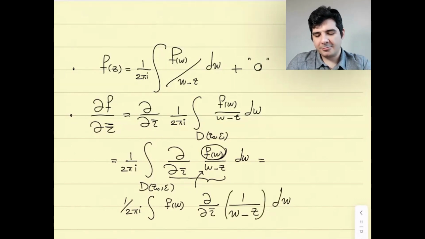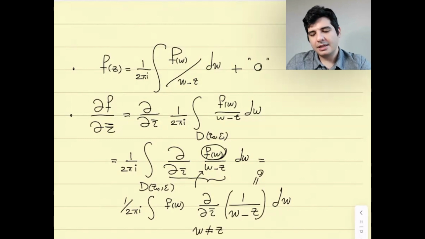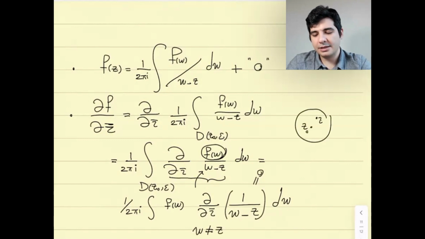And I leave this to you maybe as a simple exercise. The derivative of 1 over w minus z with respect to z bar is equal to 0 when w is not equal to z. And it's not, because z for us was a point inside this disk, and w, the variable of the integral, goes around the boundary. So they can never be equal. This derivative is a simple algebra computation to see it's equal to 0.